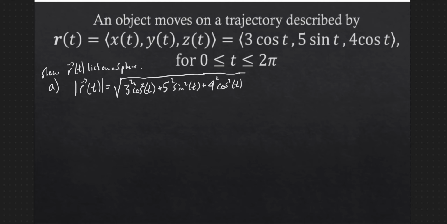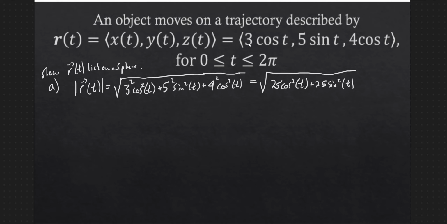All right. Interesting. Here I'm going to get 9 cosine squared t. Here I'll get 16 cosine squared t. So that's going to be 25 cosine squared t. Combining my cosine squared t, that's 25 cosine squared of t. And then I have 5 squared sine t. Oh, isn't that so nice how that works out?